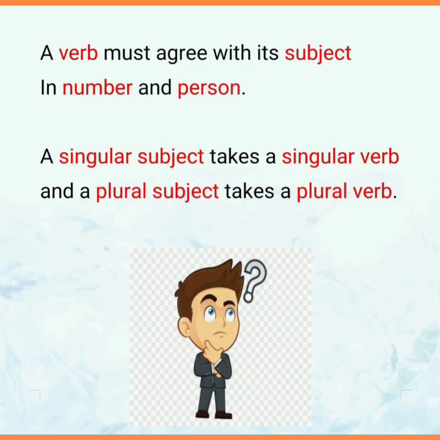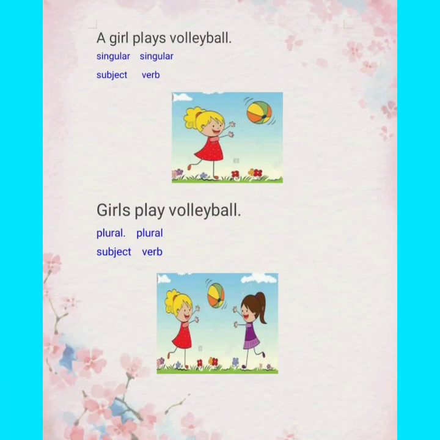For example, if the subject is singular, it always takes a singular verb. And if the subject is plural, it takes a plural verb. We can better understand with the help of these two examples. The first one is: a girl plays volleyball. First of all, you should know what the subject is here.